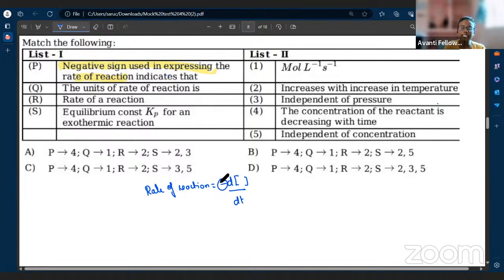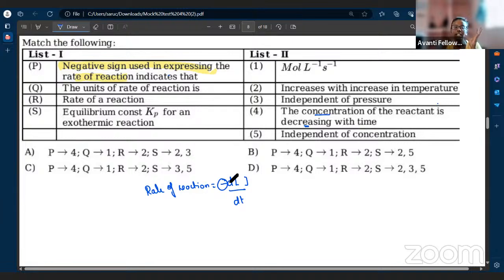So what does this negative sign indicate? It indicates that the concentration of reactant is decreasing with time.